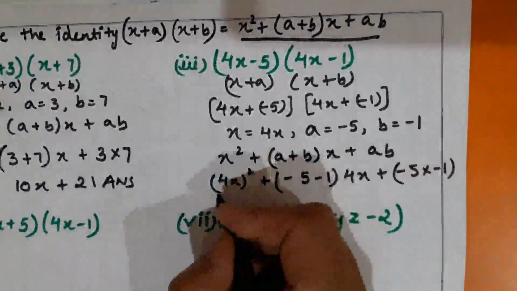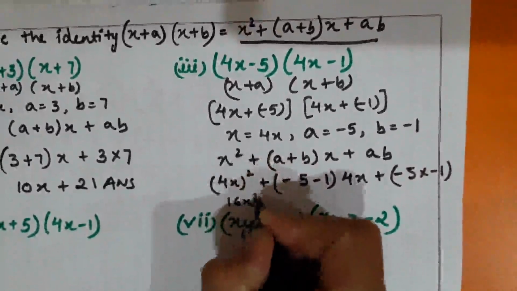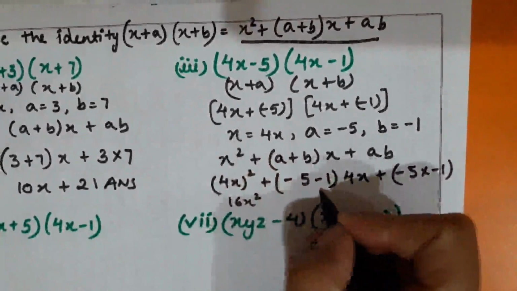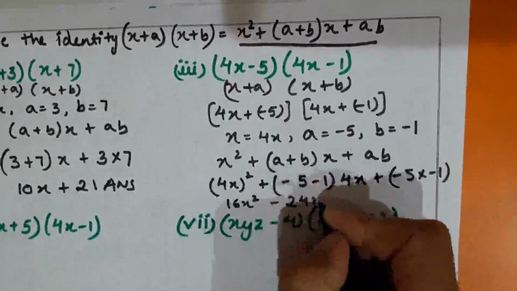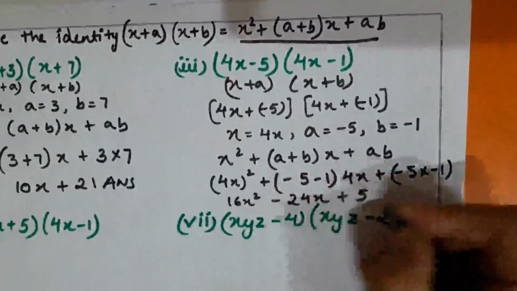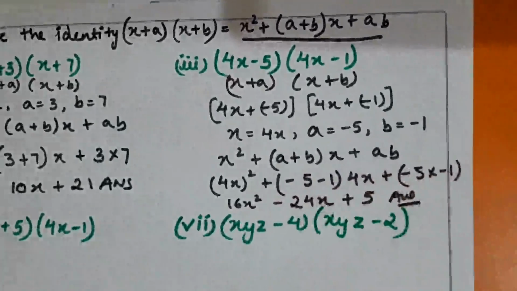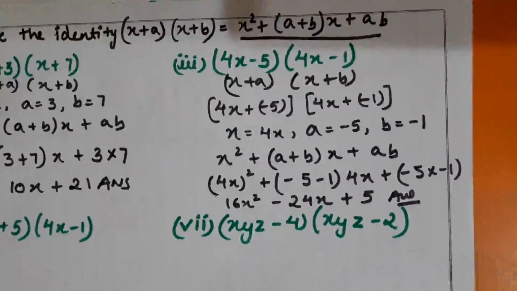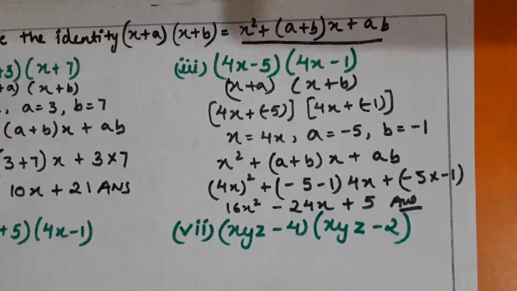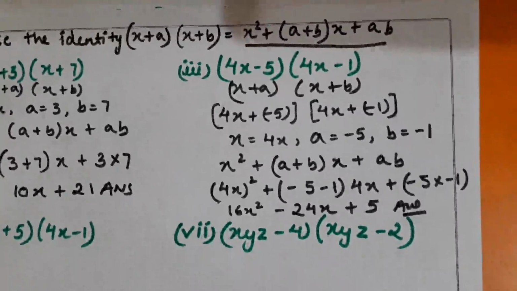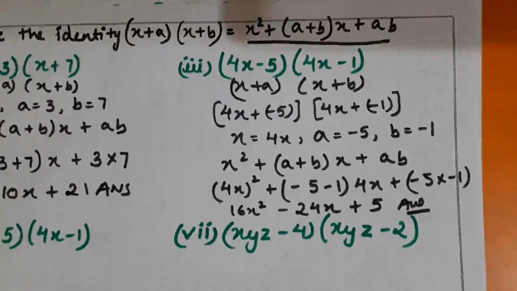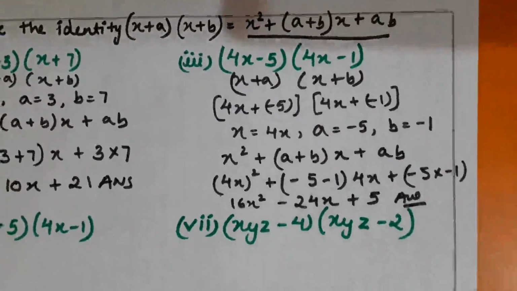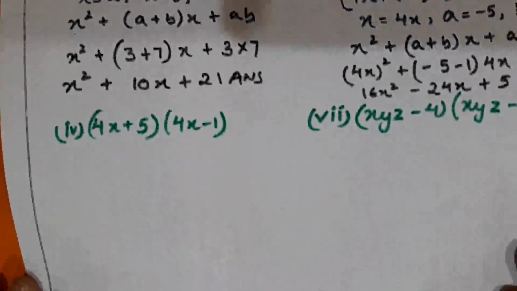Okay, now this gives you 16x square minus 6 into 4 is minus 24x plus 5. So in this way you can easily solve these types of questions. If the formula is not coming out, you can make the formula by converting into positive and making a and b values negative. Okay, now let's move to the next part, fourth part.